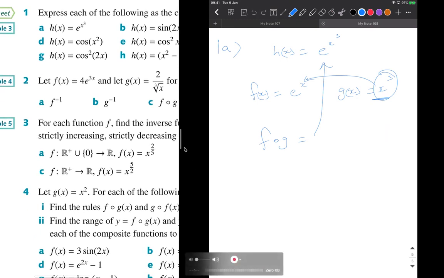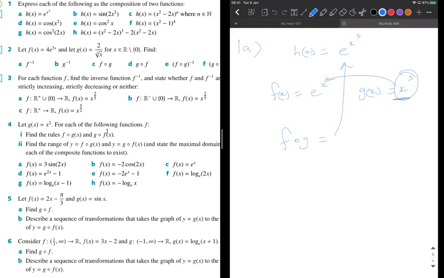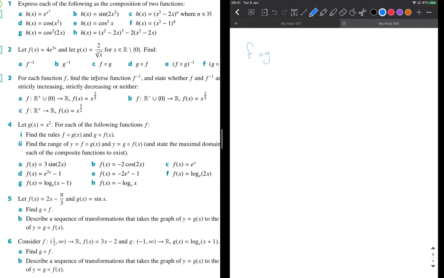Let's have a look at question 2. Question 2 says, let f of x equals 4e to the 3x, and let g of x equals 2 over the cube root of x. And then it says our domain is all real numbers other than 0, so that's obviously with g. Find, now let's skip those two, we'll come back to those, f of g. So we need to find f of g, where f of x is 4e to the 3x, and g of x is 2 over the cube root of x.